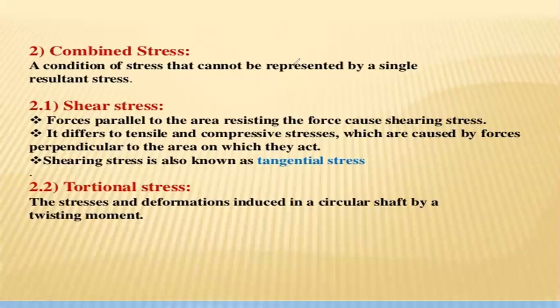And next one, what is torsional stress? The stresses and deformations induced in a circular shaft by twisting movement. So we will take a circular shaft. This circular shaft will act under different stresses.